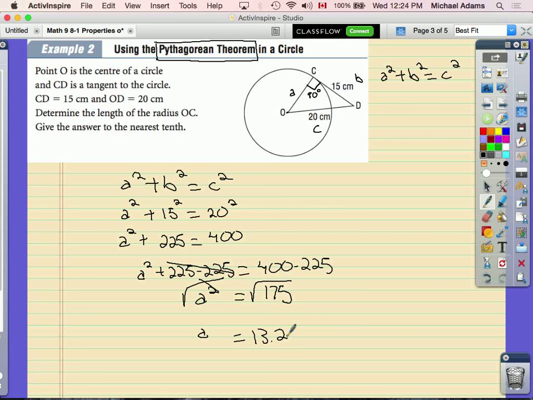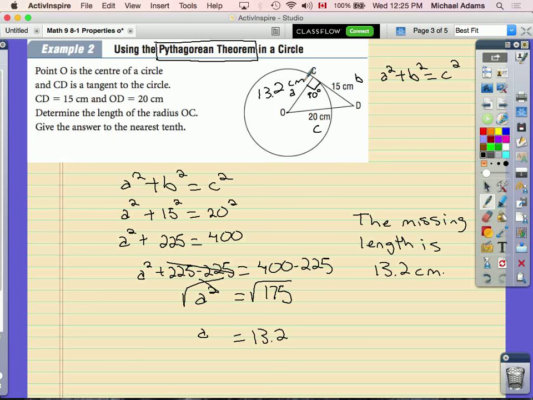That means that the missing length is 13.2 centimeters. So over here, this is 13.2 centimeters.